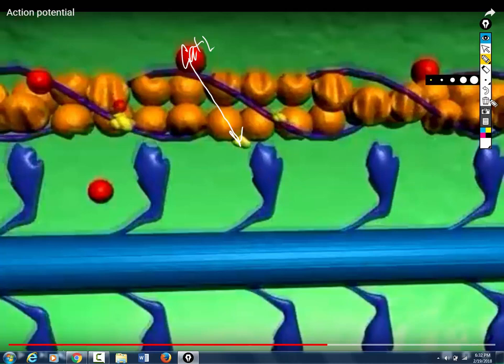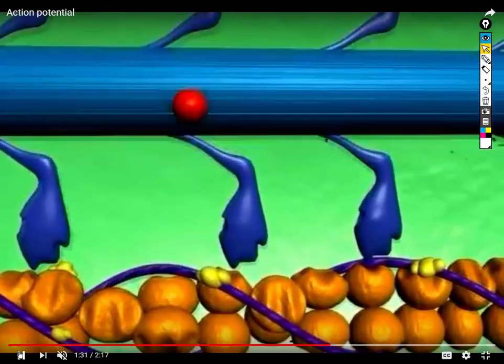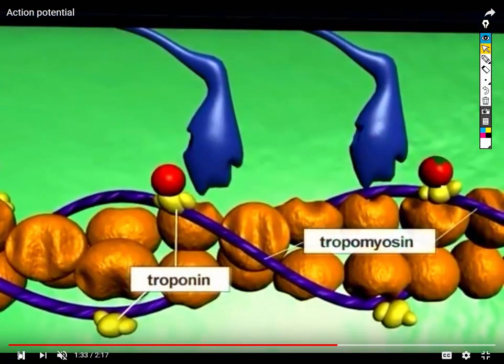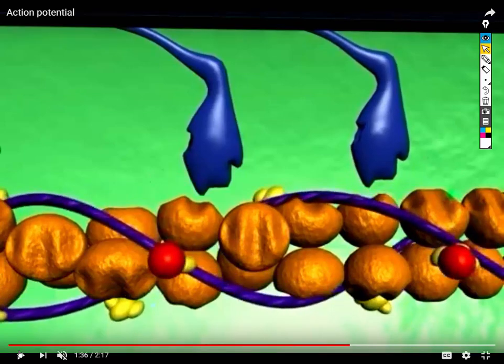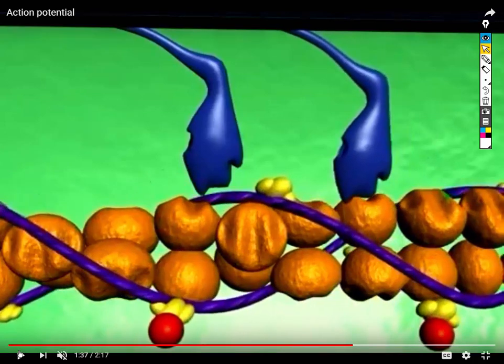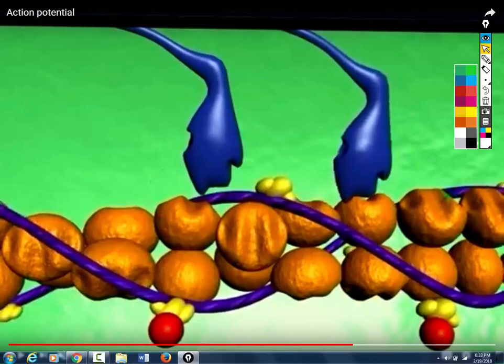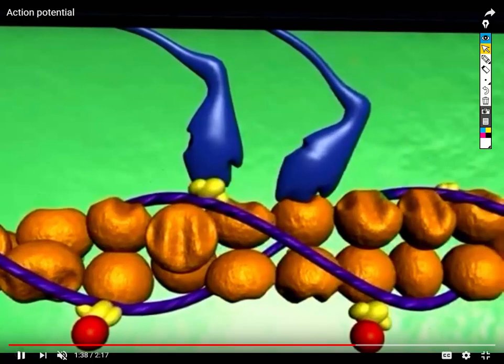So watch. Bam. Now there's a connection between actin and myosin. What sits on the myosin head? ATP. Oh, crud TP.